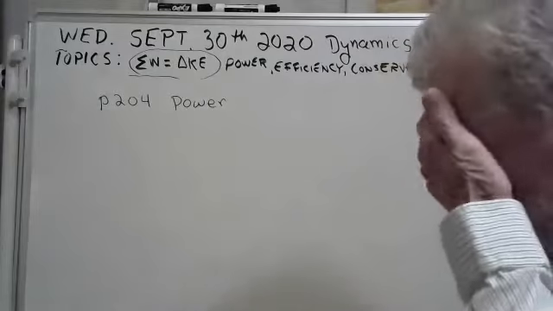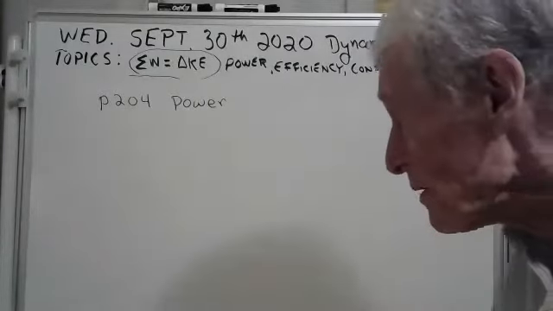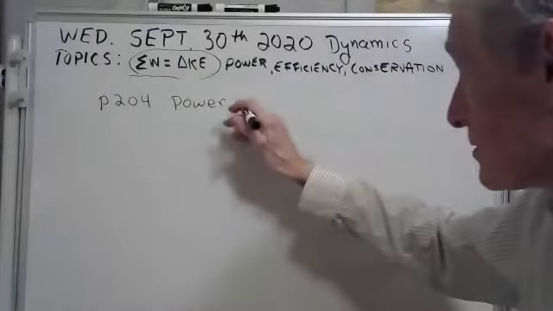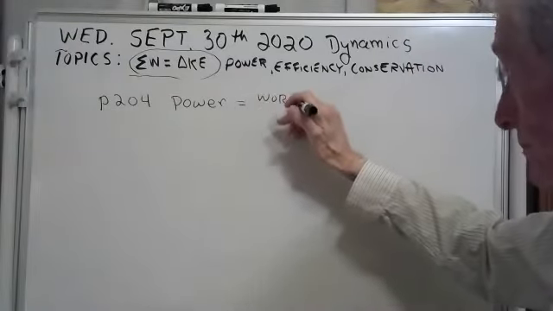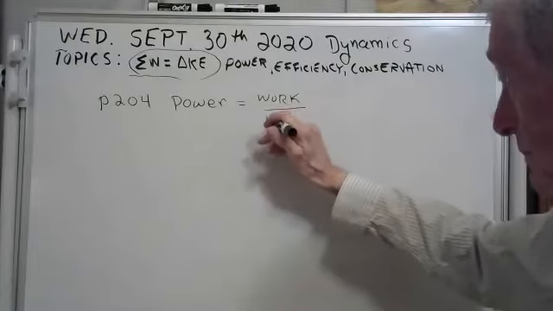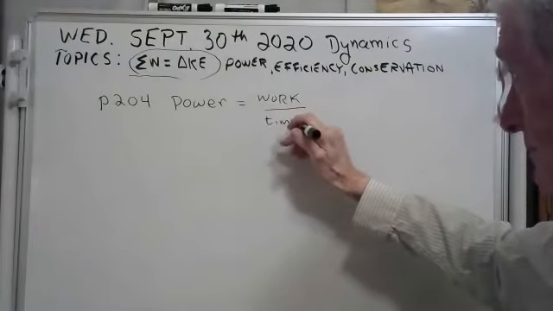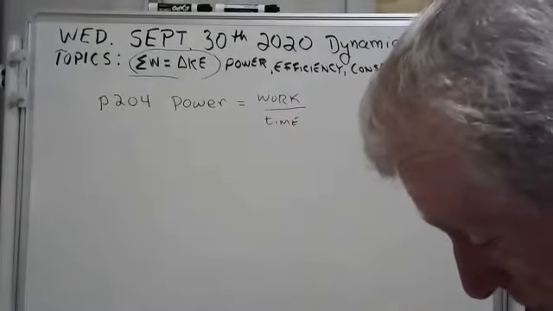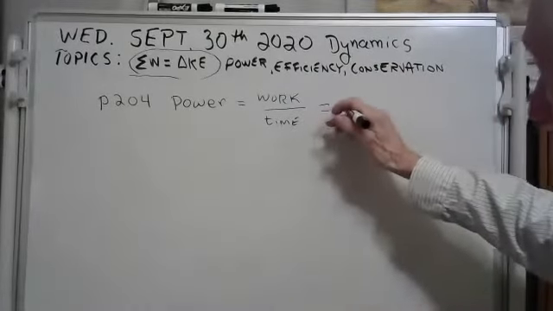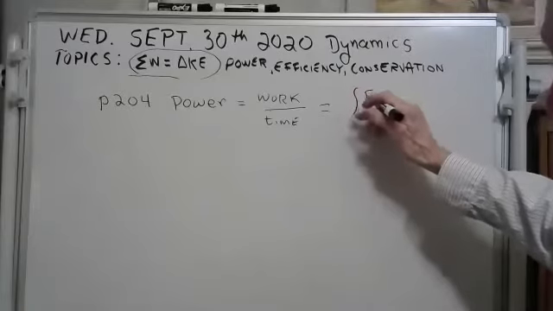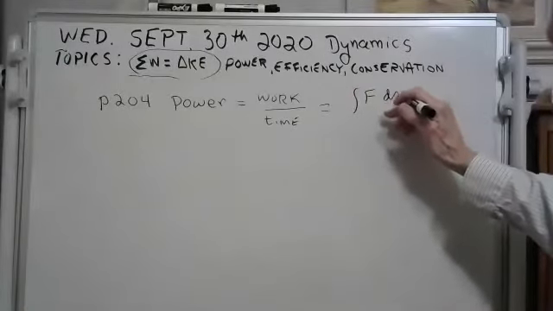Well, now power, what power is, it's work per time. And you've got an equation for work. We were just talking about it. It was F ds.